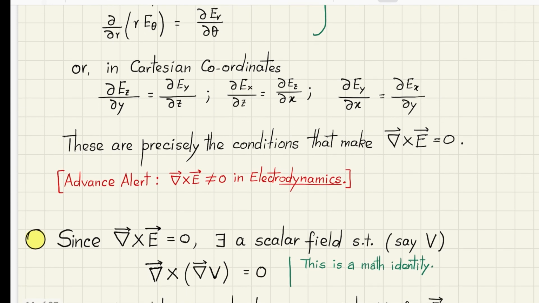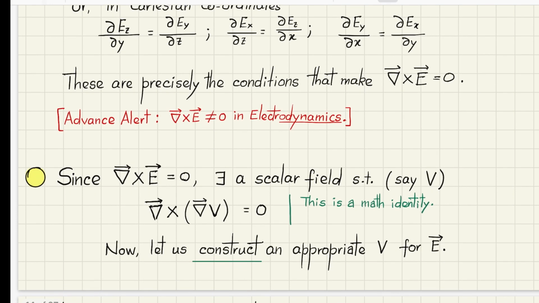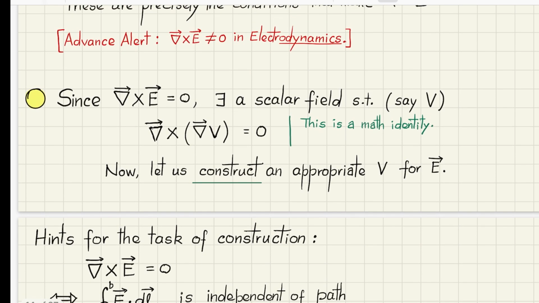Let me now construct. If this exists, let us now construct an appropriate V for E. What are the hints that I should take for this construction? I know del cross E is 0, which, as we have seen even in the last chapter, implies and is implied by the fact that if I take E dot dl, which is like, if E were a force, the work done from A to B, it is independent of path from A to B. From 2 points A to B, you could take any path, and it will be independent of path if there is no curl.